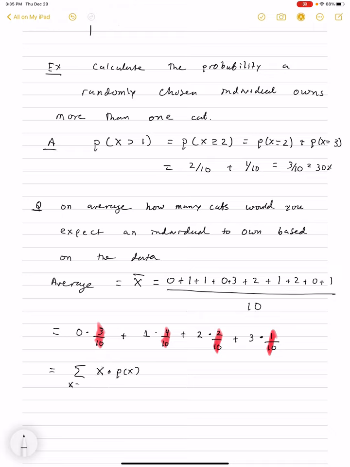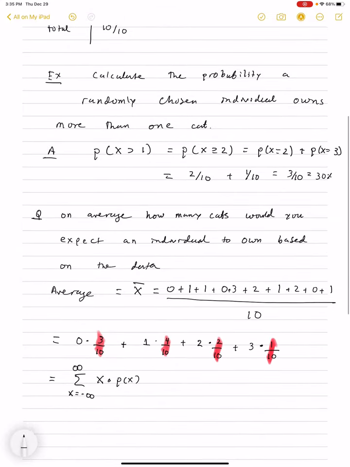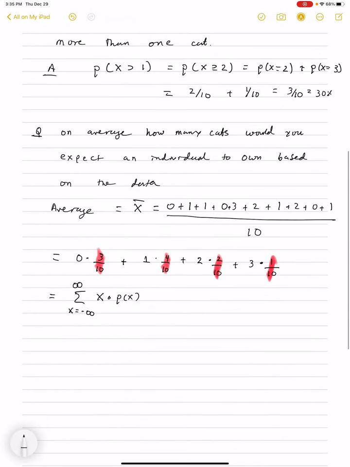And one way of writing sum everything up would be from minus infinity to infinity. It just turns out that probabilities for negative numbers are 0, and probability of x being greater than 3 would be 0 probability. Okay.